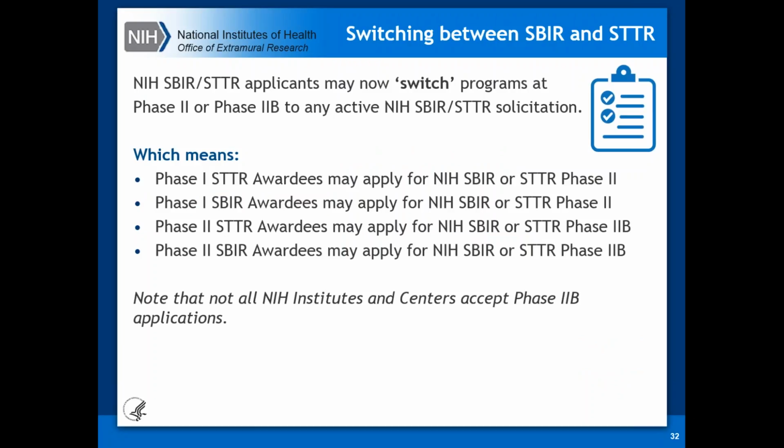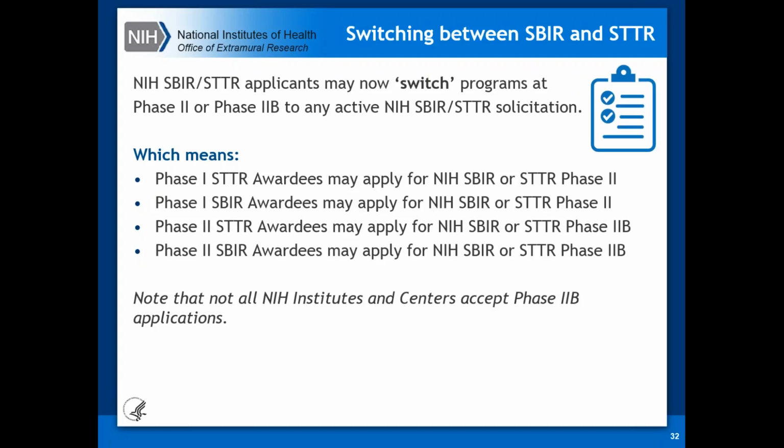One of the other new things that has happened since 2011 was the switching between SBIR and STTR programs. Basically, SBIR and STTR applicants may now switch programs at phase 2 or 2B to any active SBIR STTR solicitation. We have 4 examples there, which means that Phase 1 STTR awardees may apply for an SBIR or an STTR Phase 2. Probably the best example is an STTR, where a small business concern and a research institution or university are working on a project.